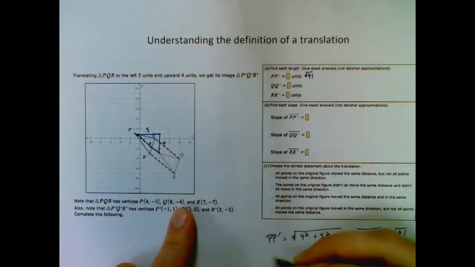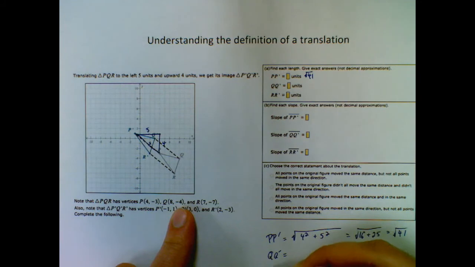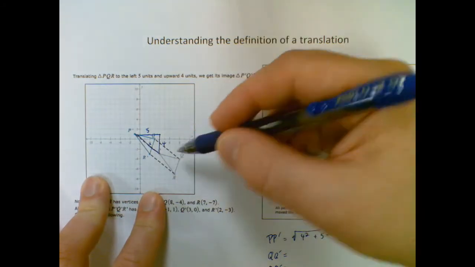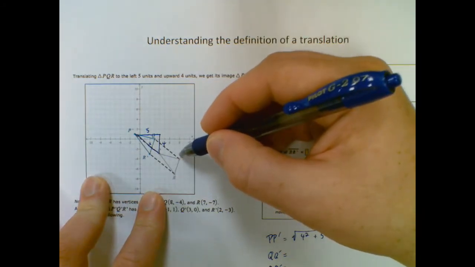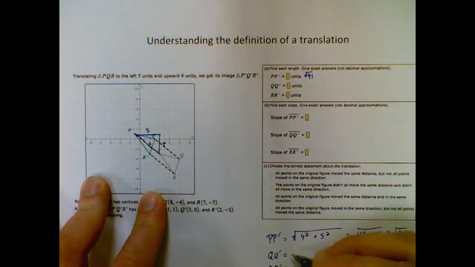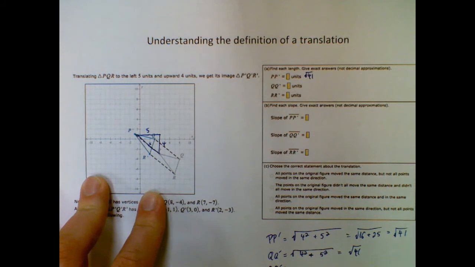And I'll do the same thing for Q prime and R prime. So when I look at these ones, for Q prime, I'm going up 1, 2, 3, 4, over 1, 2, 3, 4, 5. Sounds familiar? That'll be radical 41 in this case as well.